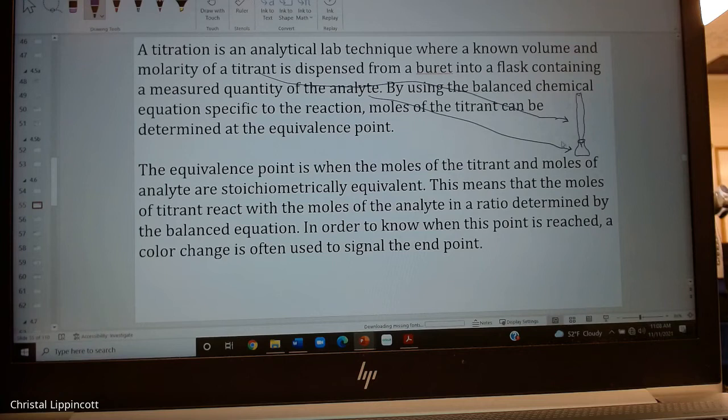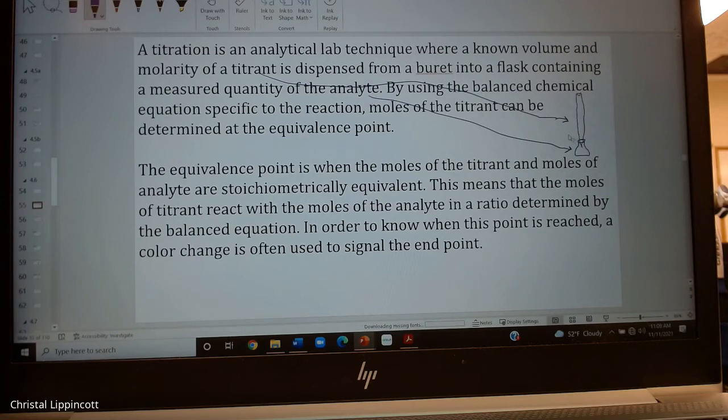You overshoot the end point, there is no recovering. You got to start over. Okay? So you need to be exceedingly precise and really good with your technique in titrating this material in, because there is no recovering if you screw it up.